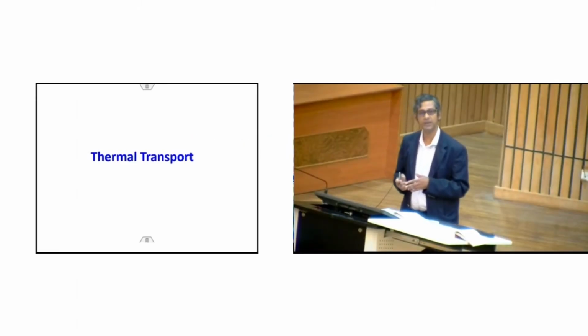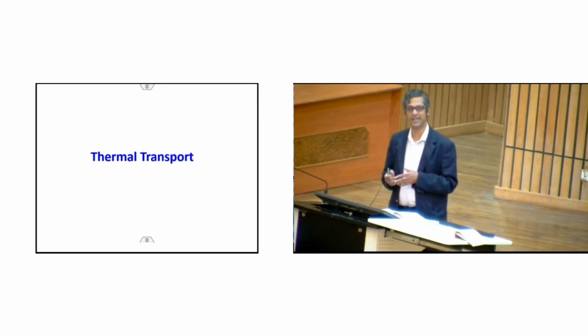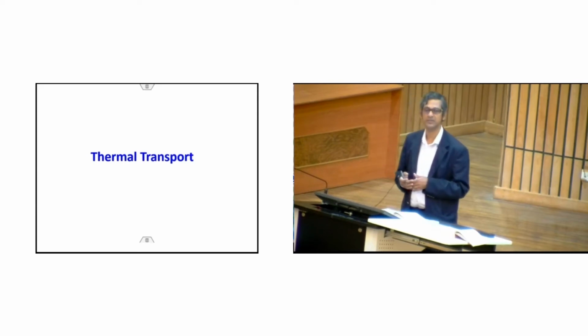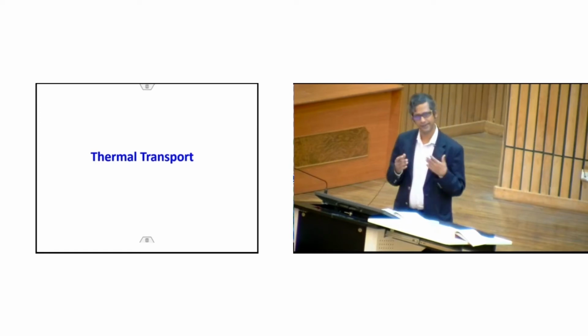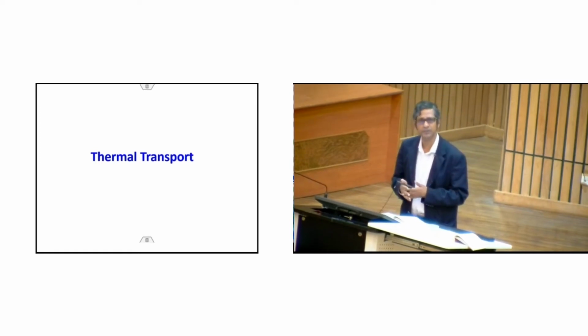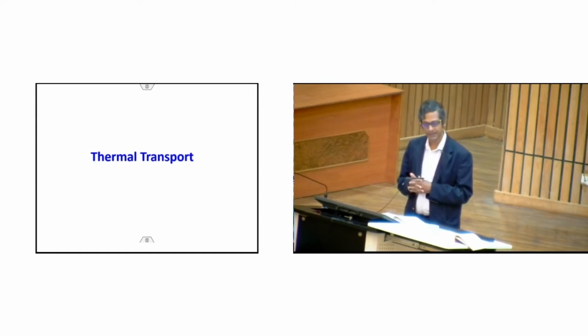Electrons will not be easily available, and even if they are available, they will be scattered because of many scatterers available in non-metals. Obviously, scatterers will always be available in metals, but they will be relatively less in number. So, in those cases, it is only the lattice vibrations or the phonons that dictate the heat transport, right.